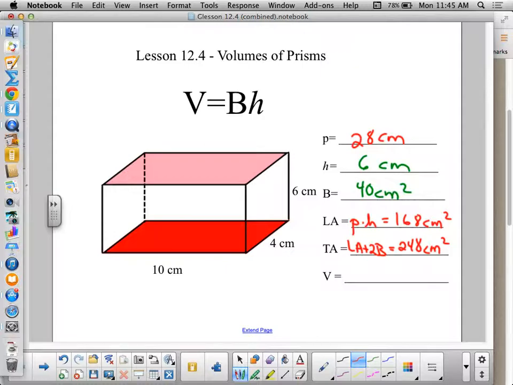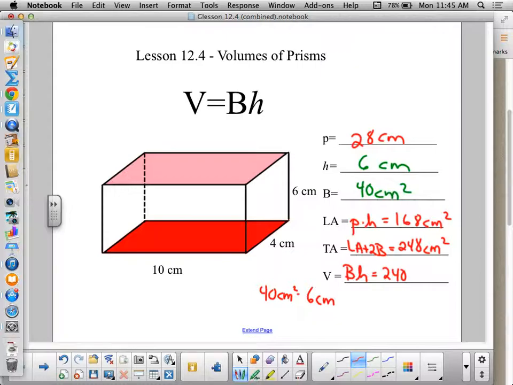Volume just uses the same information. We just add one more little formula to it. Volume is simply base area times the height. Instead of the perimeter of the base times the height, it's the base area times the height. But now when I look at this, base area is 40 centimeters squared times the height of 6 centimeters. Now 40 times 6 is easy, that's 240.